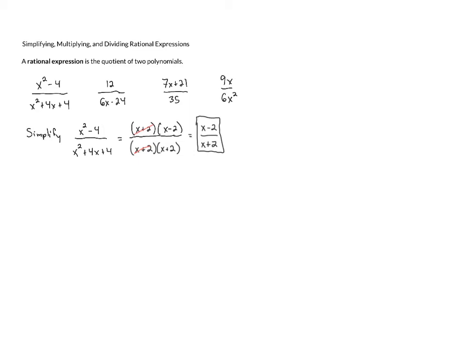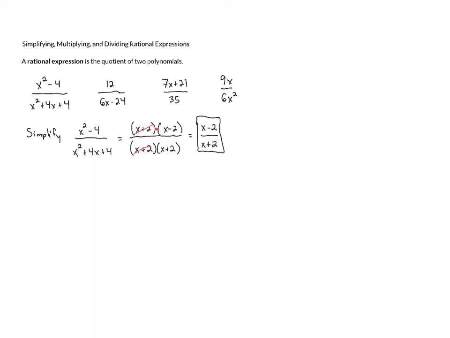Now, I always have students who see these problems and they ask, can't we also cancel the x's in the top and bottom? Or even in the beginning, can't we cancel out the x squareds? And it's really important for you to understand why we can't do that. The reason we were allowed to cancel out the x plus 2's here is because they were factors.